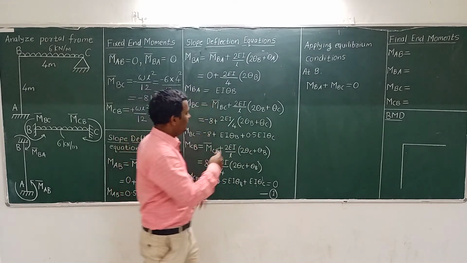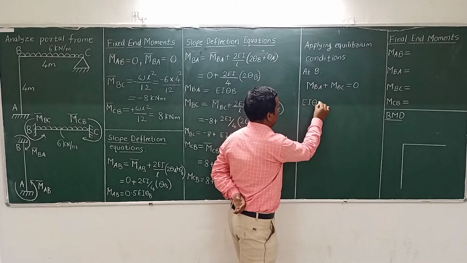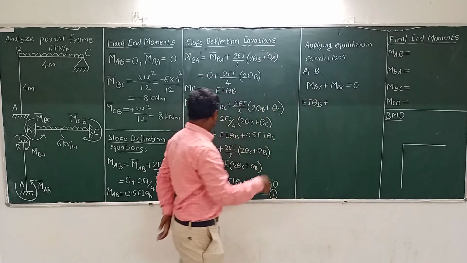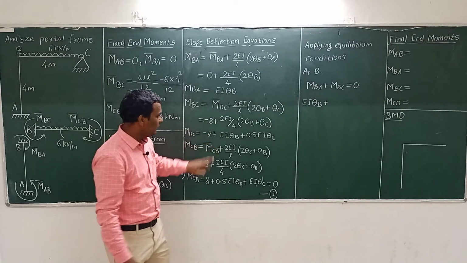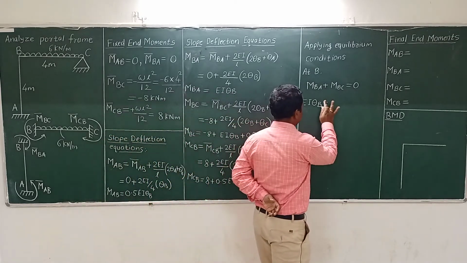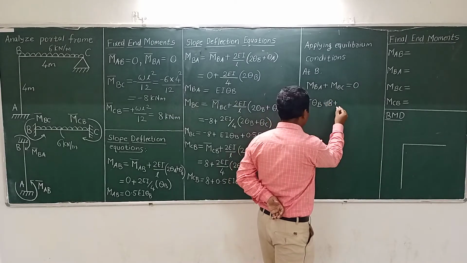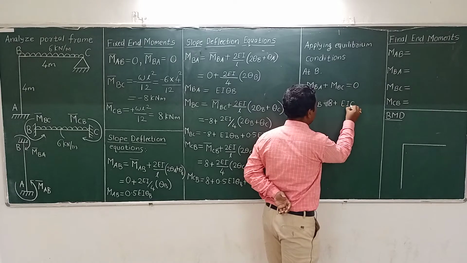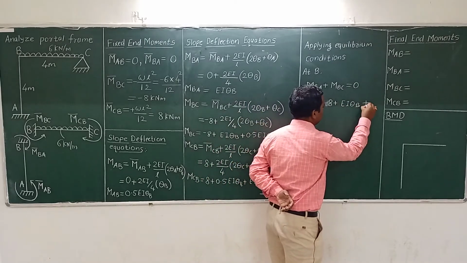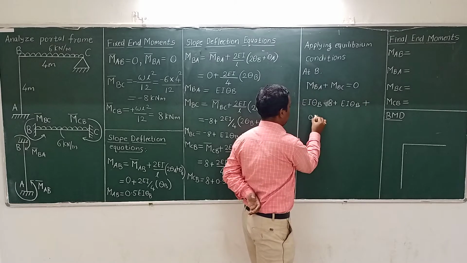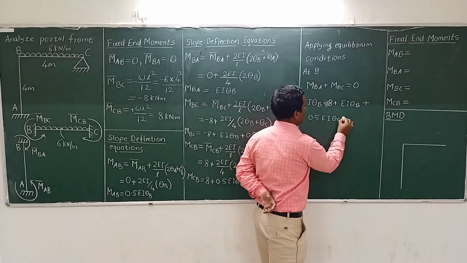MBA is EI theta B. Now what is MBC? MBC we have already written here, that is MBC equals minus 8 plus EI theta B plus 0.5 EI theta C, equals to 0.